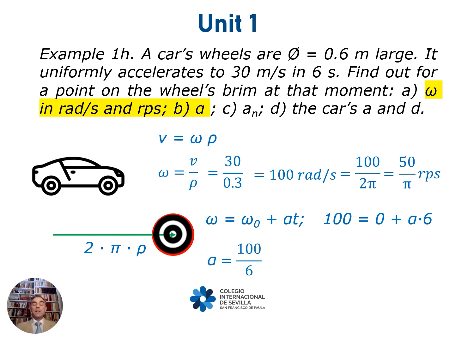Therefore, the angular acceleration equals the 100 radians per second divided by the 6 seconds it's taken to reach that angular speed, which is 50 divided by 3 radians per second squared.